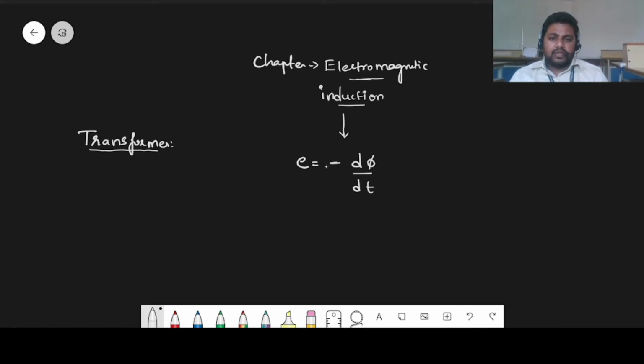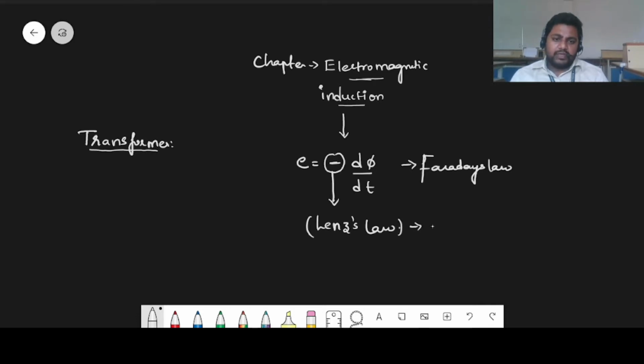So this is Faraday's law. In that, this negative sign is indicating Lenz's law. It helps us to understand the direction of current.